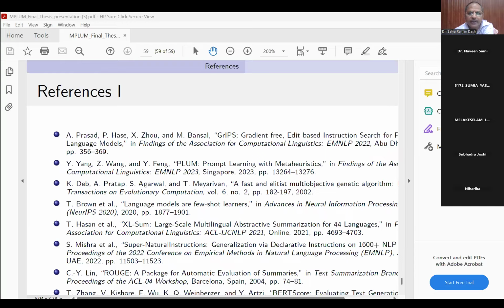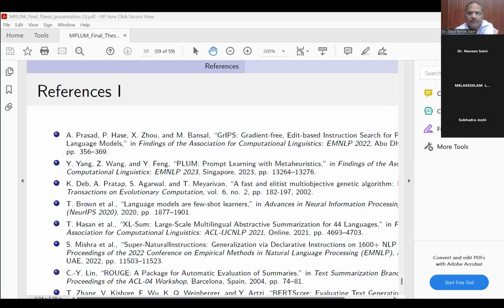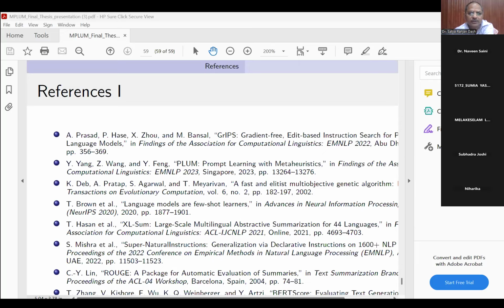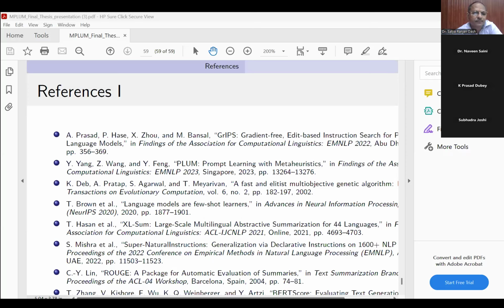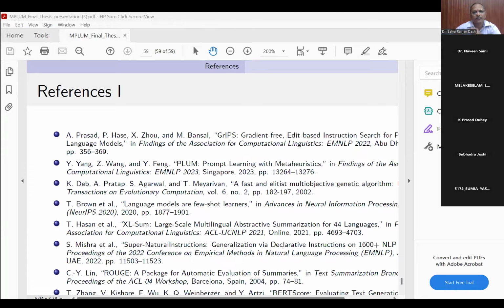Any question from the participant side, you can just unmute yourself and ask. Yes, sir, it was really very informative and knowledgeable session. Sir, as you have told, our goal is to select the best prompt, right? So of course it is a search problem.